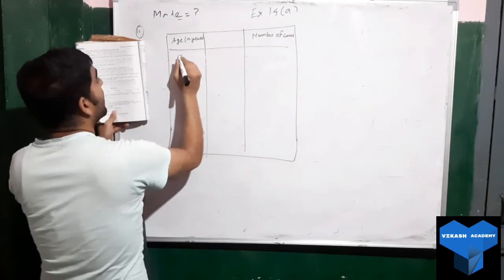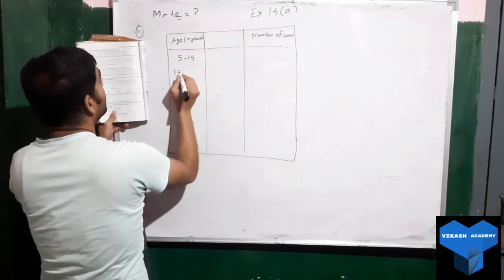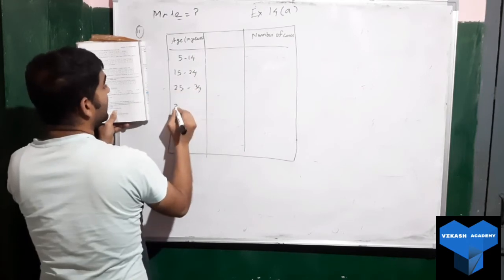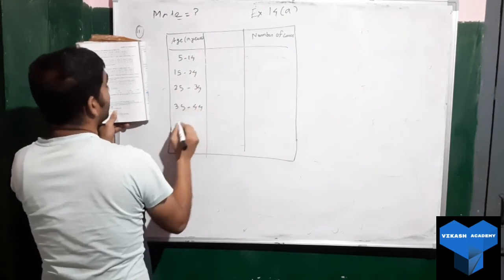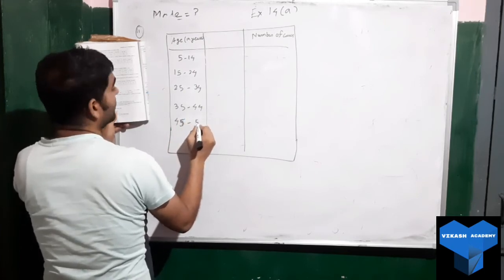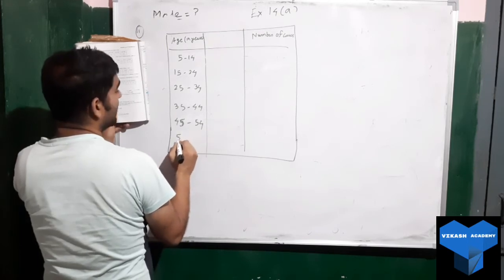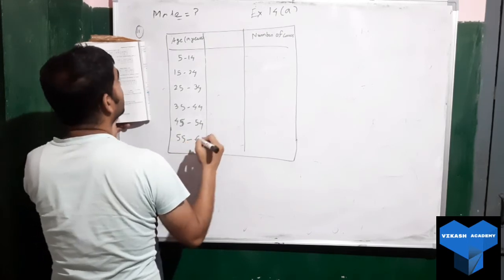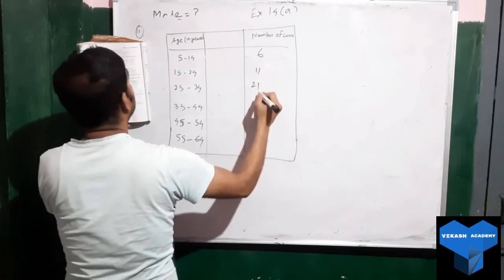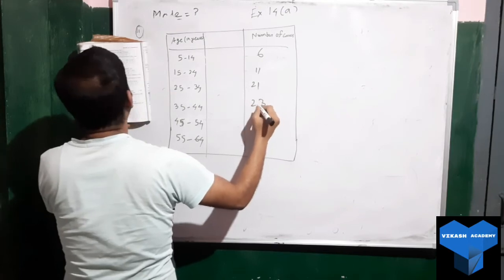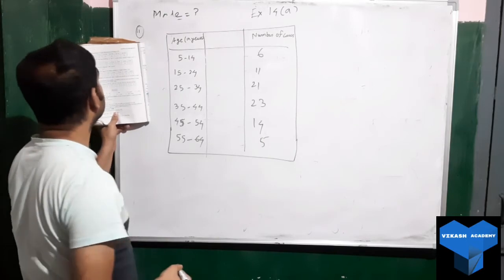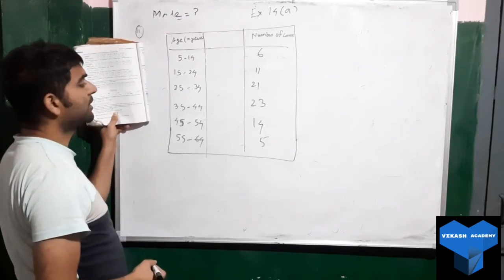We have 5 to 14, then 15 to 24, then 25 to 34, then 35 to 44, then 45 to 54, and 55 to 64. The number of cases are 6, 11, 21, 23, 14, and 5.